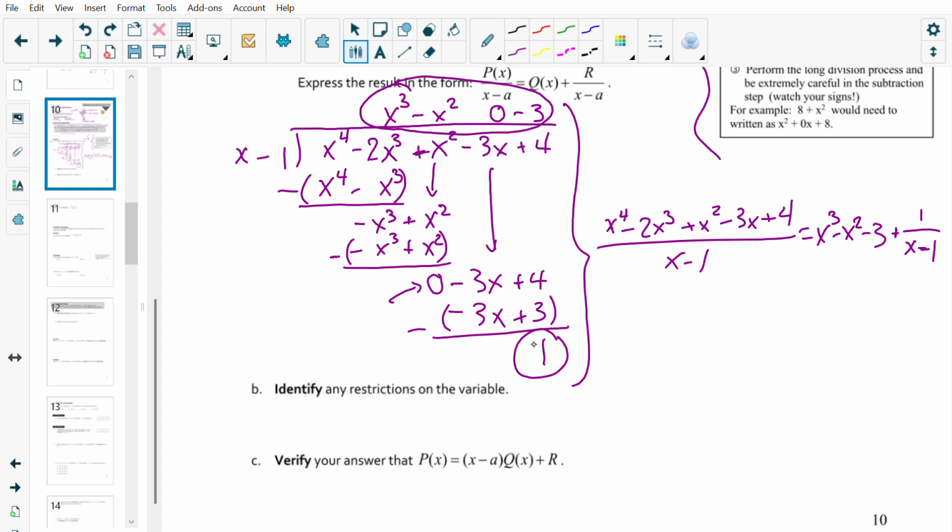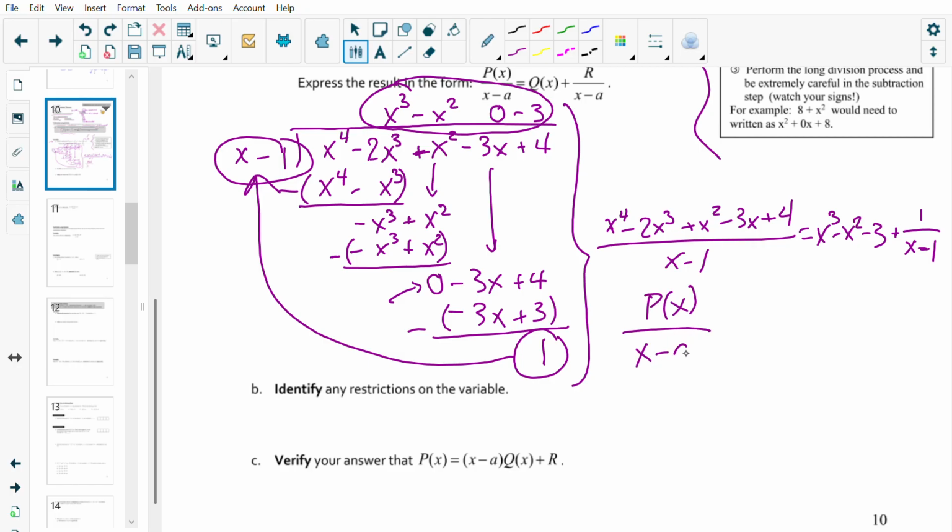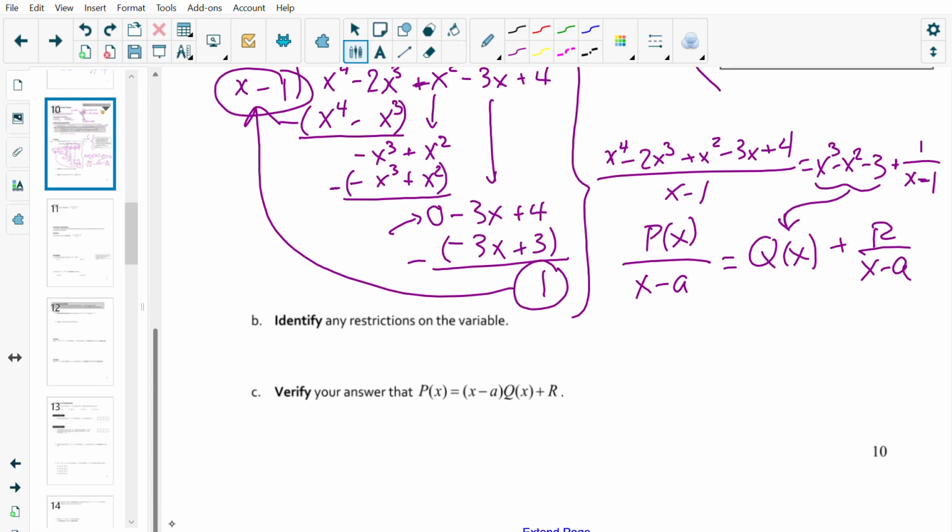That's the remainder divided by x minus 1. This matches the form p of x divided by x minus a, which is your divisor, equals the quotient plus the remainder divided by x minus a. Identify the restrictions on the variable. Because of this part right there, x cannot equal 1.